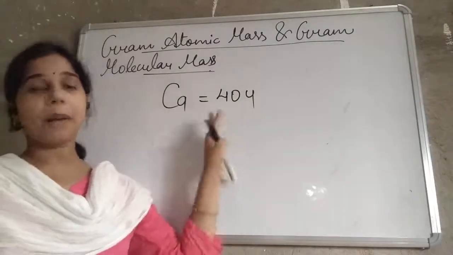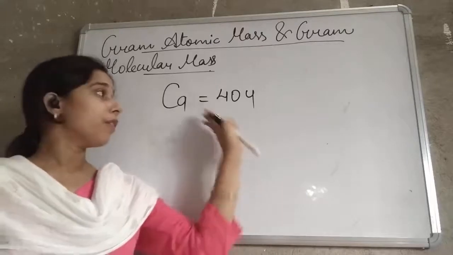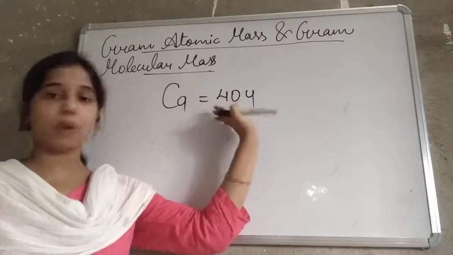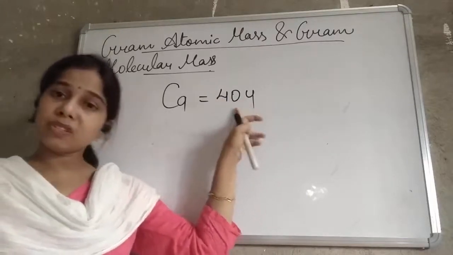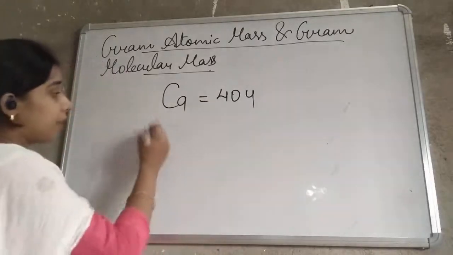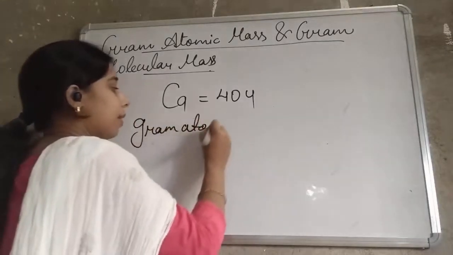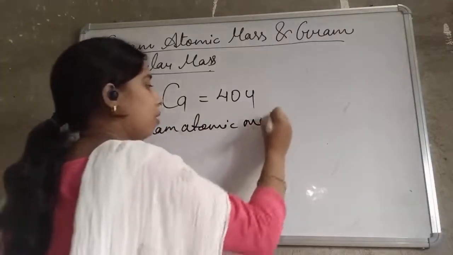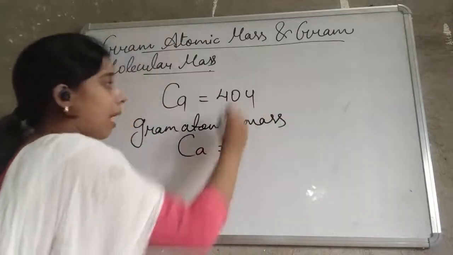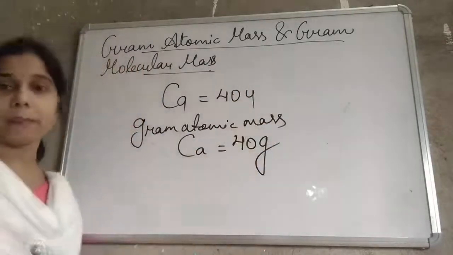When we talk about the atomic mass of an element, we always mention it in this unit, which is U. But in case of the gram atomic mass of calcium, it will be 40 gram.